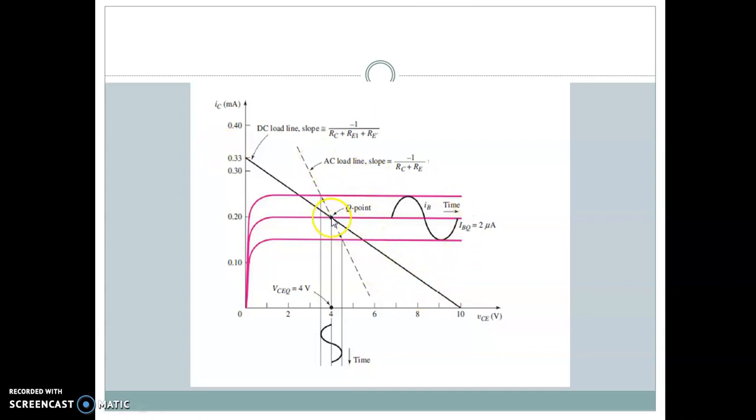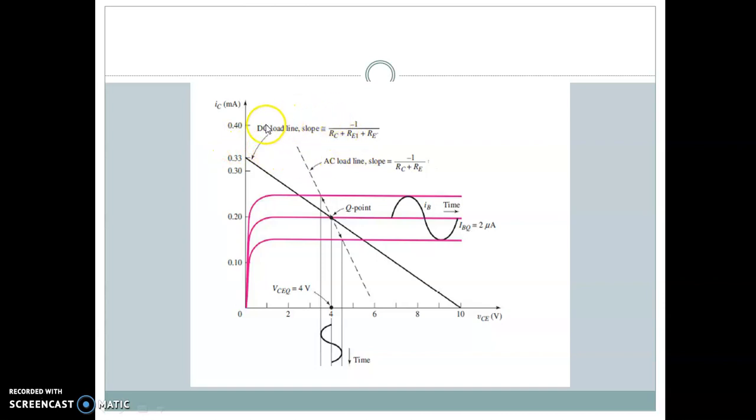But on the positive side, if you allow the same symmetrical swing, from 0.2 to 0 means 0.2 milliamps. So similarly, a positive swing over 0.2 milliamps becomes 0.4. But the maximum operating current is given as 0.33, so part of your signal could be clipped off.